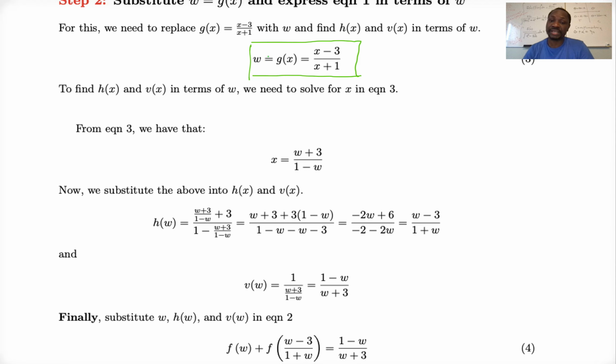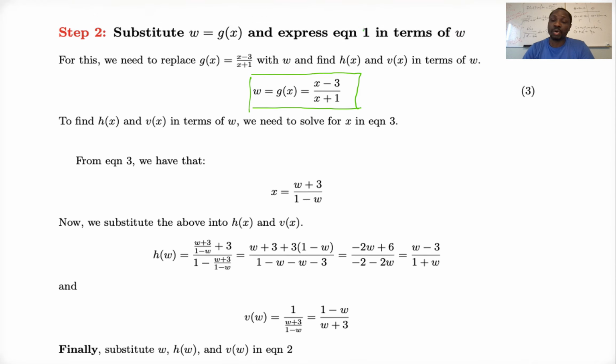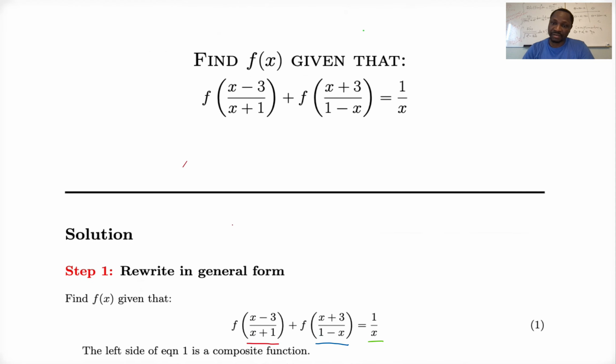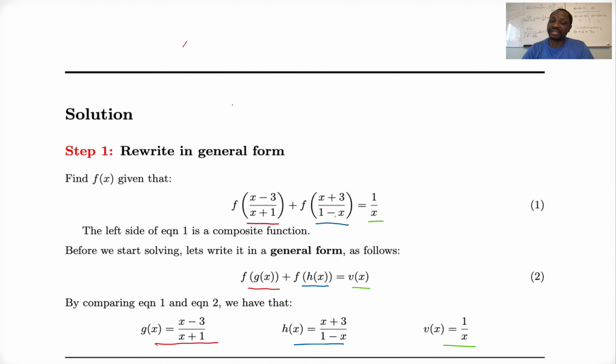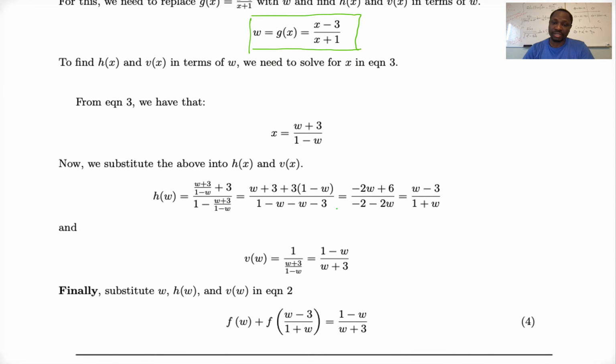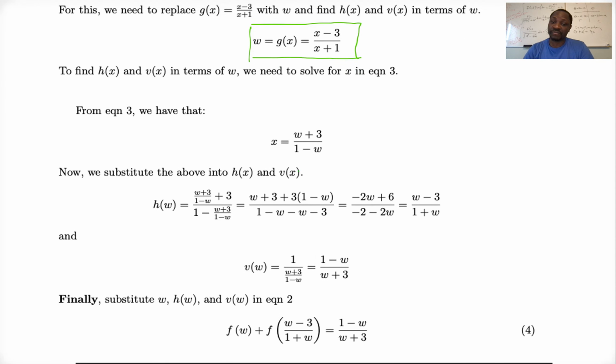It also says we should express the whole of equation 1 with variable w rather than x. What that means is that we're going to be solving for x and substituting back into equation 1. So from here, let me just call it a.